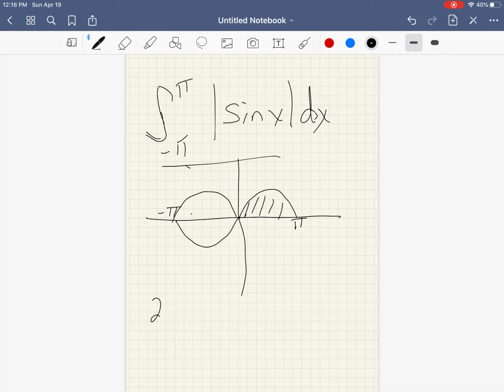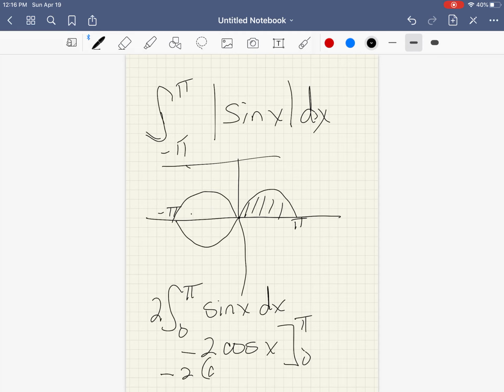So what we can do is just say the integral will be the same as 2 times the integral from 0 to pi of sine of x dx. Then the integral of sine would be negative cosine, so minus 2 cosine of x evaluated from 0 to pi. And that would be negative 2 times cosine pi minus cosine 0, which is what we got in the last one.